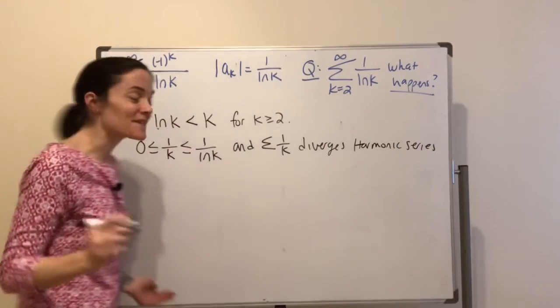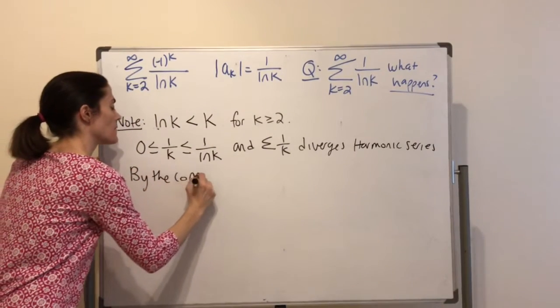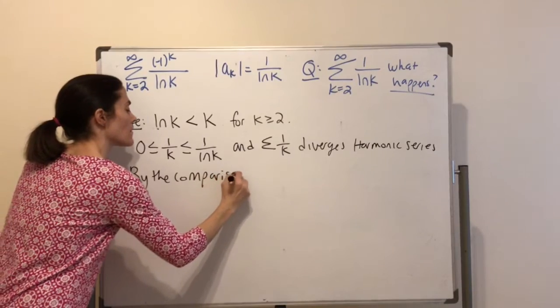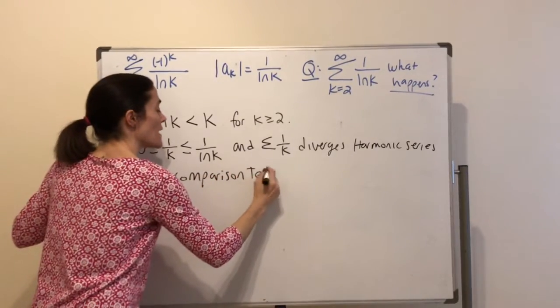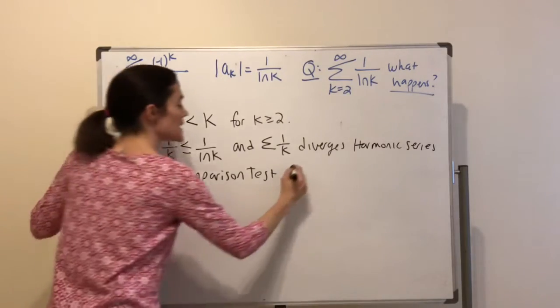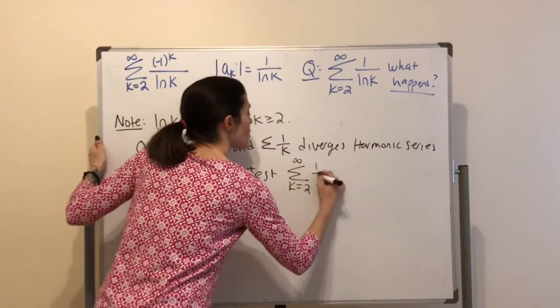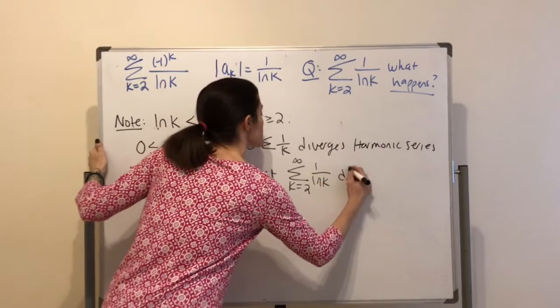Therefore, by the comparison test, we are term by term bigger than something diverging. The sum from k equals 2 to infinity of 1 over ln k diverges.